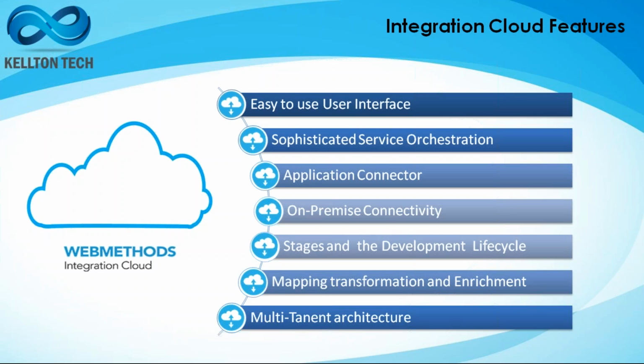It gives you a multi-tenant architecture, which means that in the development environment you might be sharing that infrastructure with other tenants, but if it is a requirement, when you move on to production, you might get your own infrastructure. You do not have to share your production infrastructure with tenants. That is one flexibility which Software AG provides.